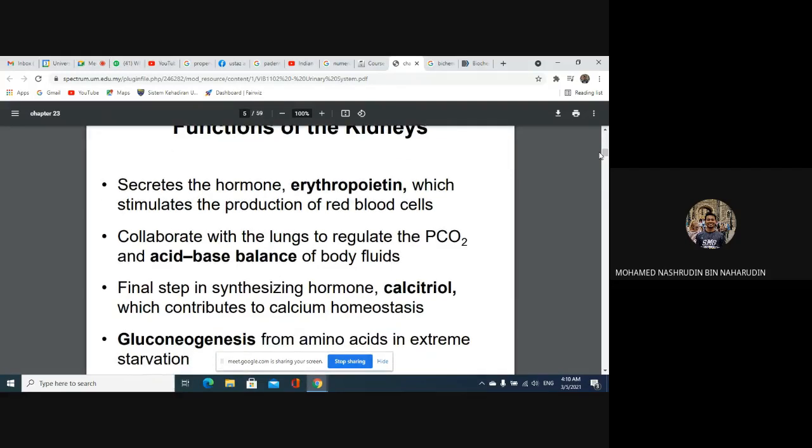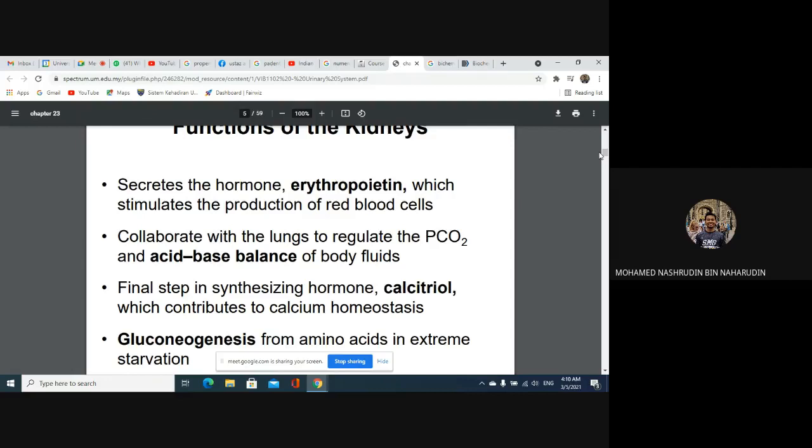And the next function of the kidney is to secrete hormones, for example, the hormone erythropoietin. Erythropoietin, if you remember, is the hormone responsible for red blood cell production. Okay, so it will secrete erythropoietin. Then this hormone will go to your brain and then ask your bone marrow to produce more red blood cells.